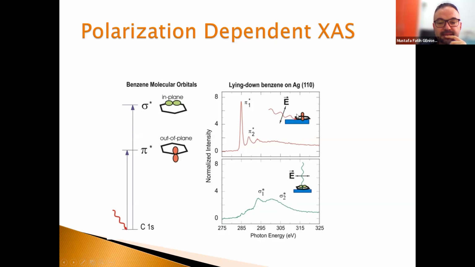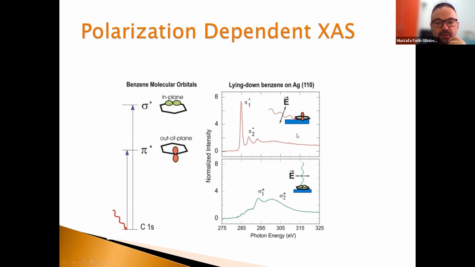These benzene or aromatic rings are parallel to the surface. The main body, the molecular planarity, is parallel to the plane of the surface, and you see pi antibondings are perpendicular to the surface.